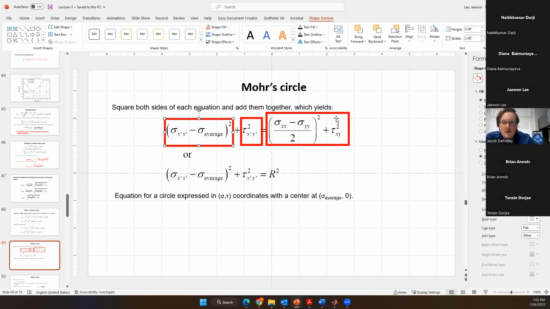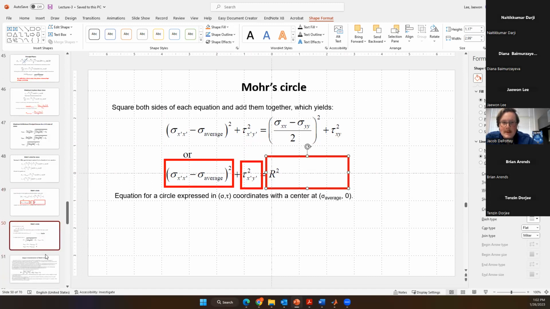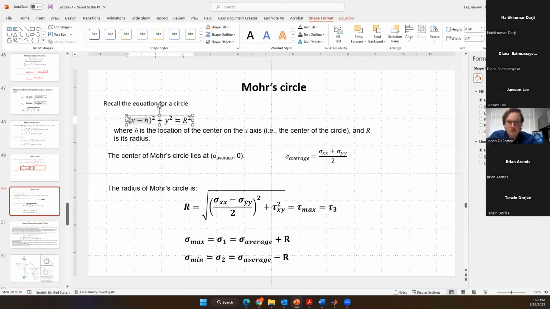If we square both sides, it is very similar to the circle equation.